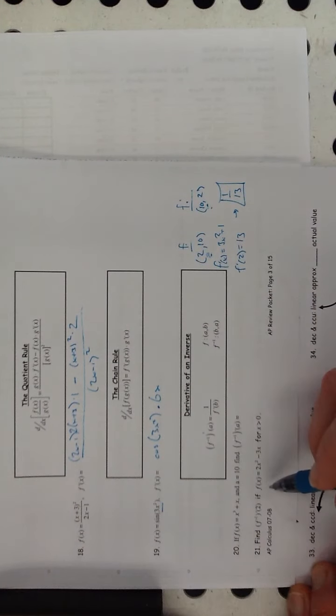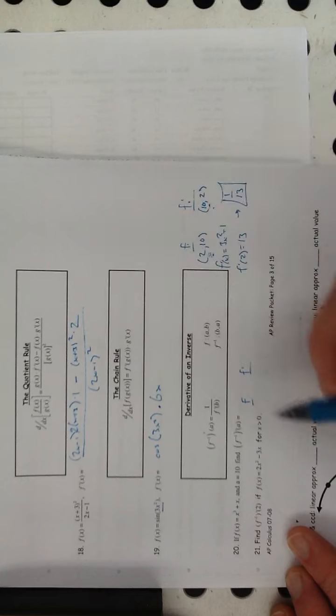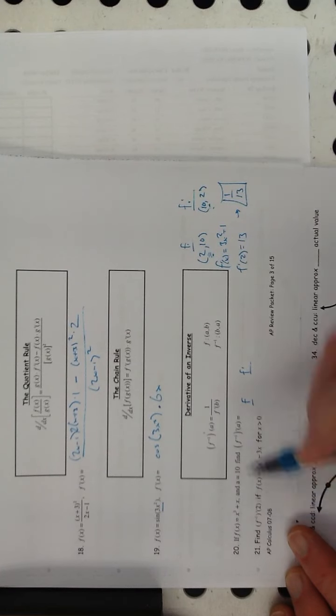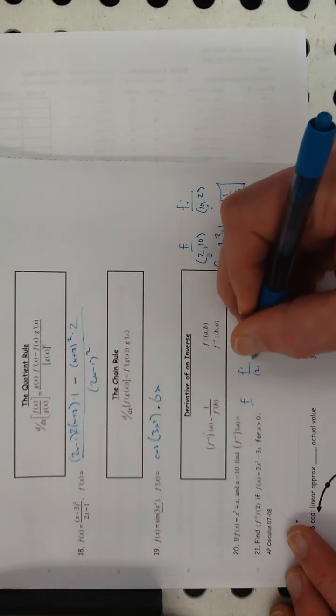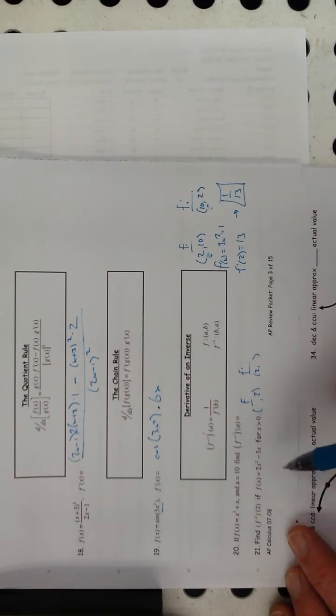And let's see, we're at 21. Same idea. I'm going to have my f inverse. So I want to know the slope of the inverse at 2, so there must be a point something comma 2.